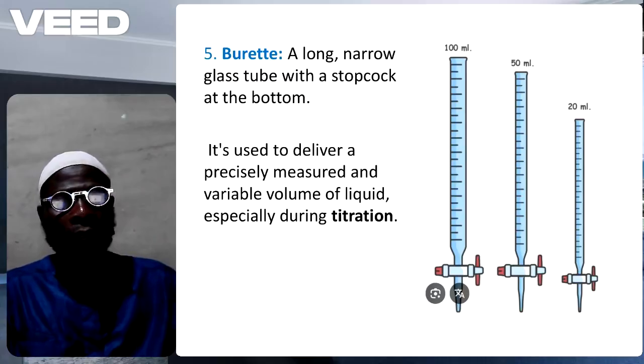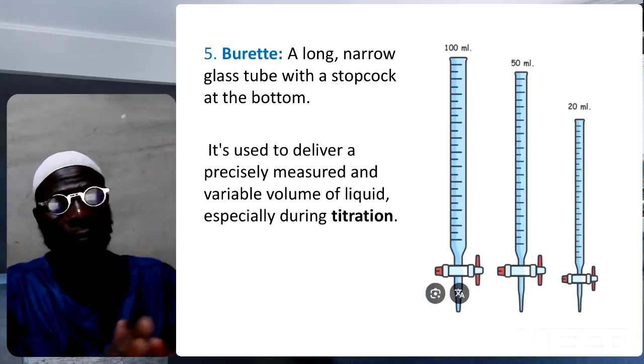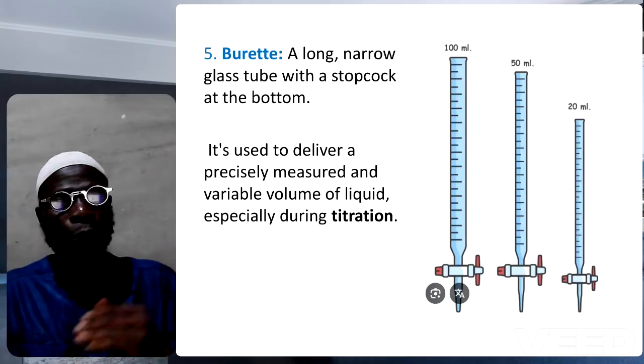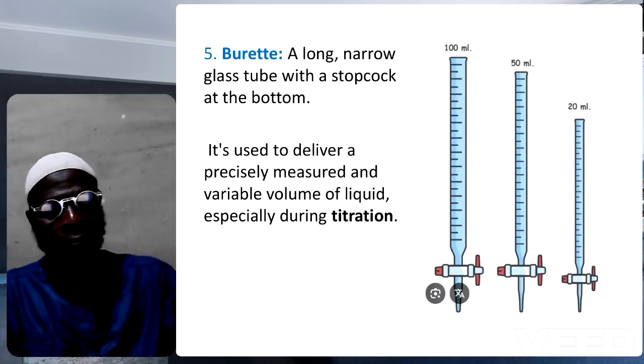It is used to deliver a precise volume of a liquid, especially during titration. So during titration, we pour the acid into the burette and take the measurement of the acid used to neutralize the base. That is what the burette is for.